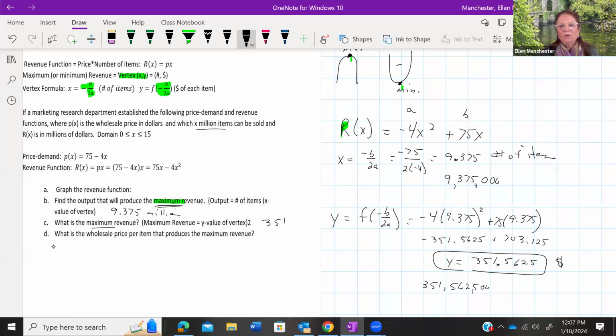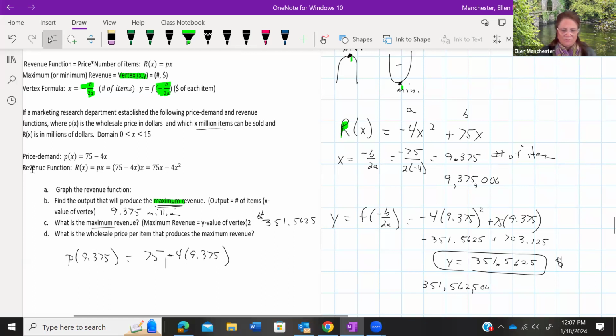Is 351.5625 million. And then what's the wholesale price? You're going to put that 9.375 because that's how many products we have. And we're going to find out what the price is. So you just calculate it. So this price demand is the price function.